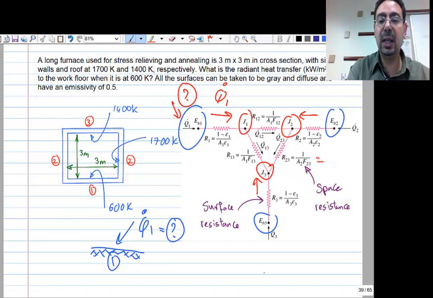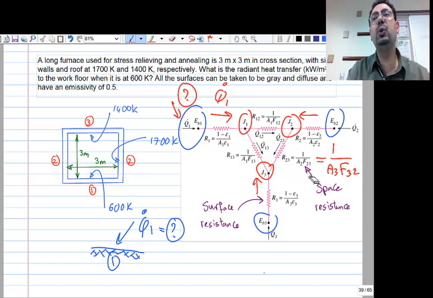And again, the 1 over area 2 F23 can also be written as area 3 F32, by the reciprocal rule.